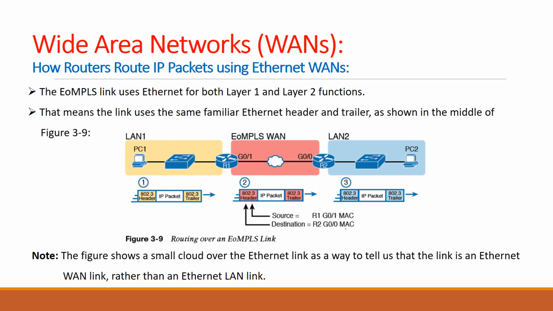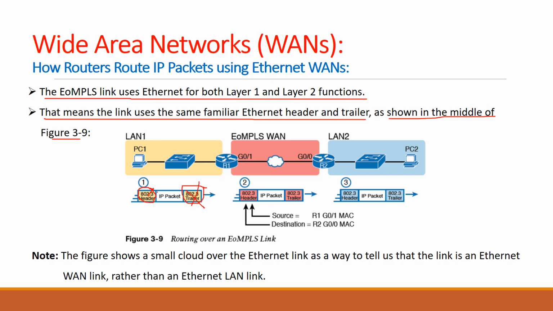Actually, we almost said this in the previous slide. The Ethernet over MPLS link uses Ethernet for both layer 1 and layer 2 functions. That means the link uses the same familiar Ethernet header and trailer, as shown in the middle of the following figure. Here we have an Ethernet header and Ethernet trailer.